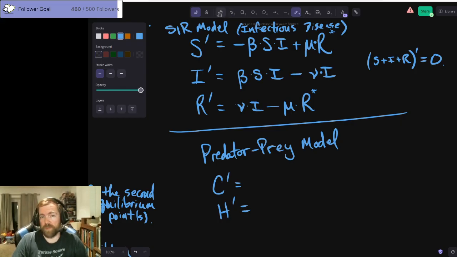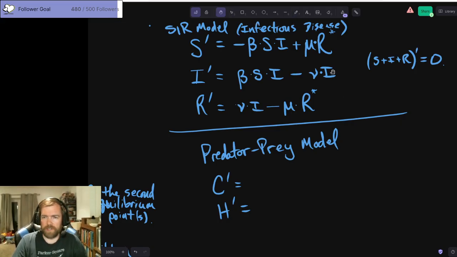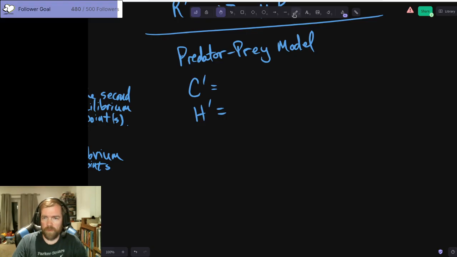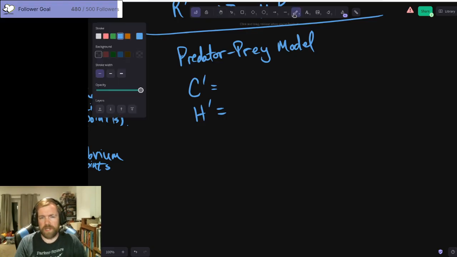Unfortunately, both of them start with P, so we're going to have to delineate it a slightly different way. I'm going to go with carnivore and herbivore. Oversimplification, but whatever, it's fine. Typically, we have something that ends up being like an A times C is going to be the natural growth rate of the carnivore population.